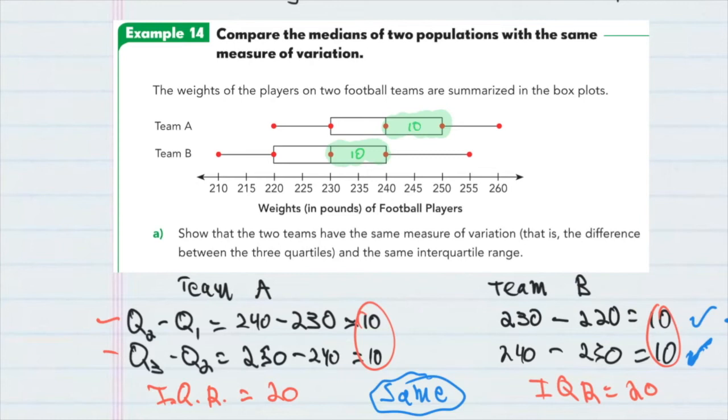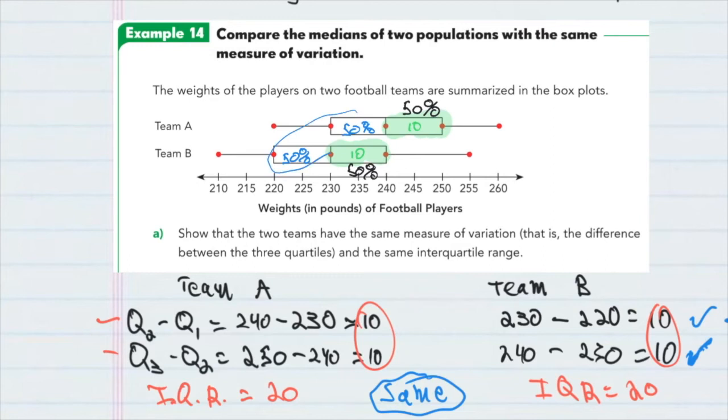But when we talk about interquartile range, that's also kind of 50% of the data, okay? So that's the same kind of type of people that we're measuring. So they are similar people between team A and team B. And you can see that here too, right? This is going to be 50% of team A and 50% of team B.